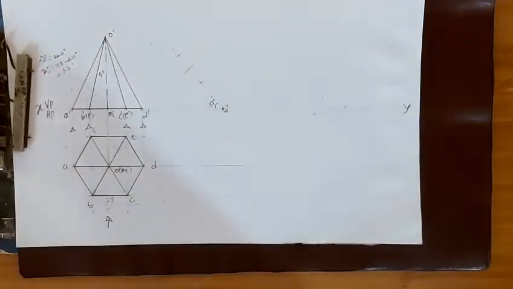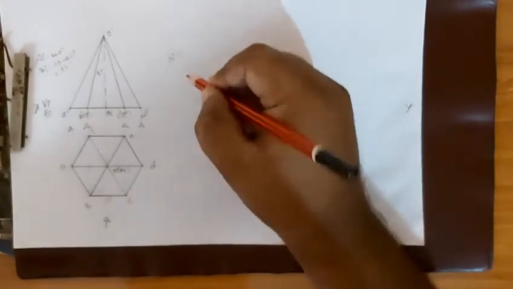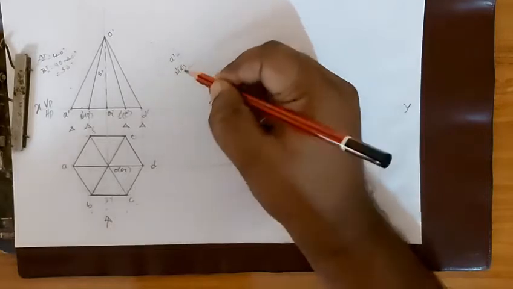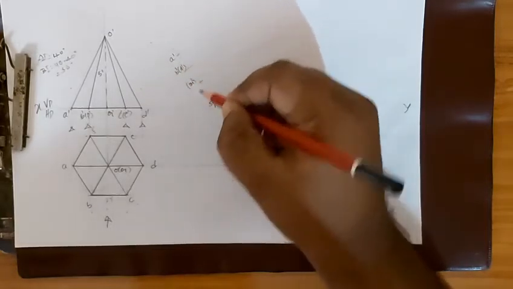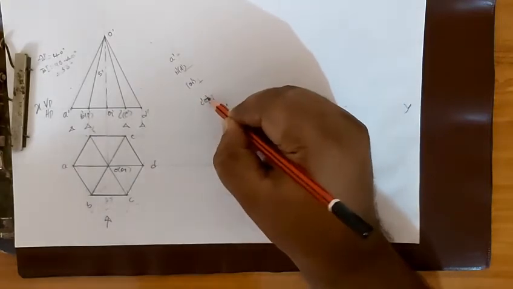Right, I got all the points. This point is called A dash, this point is B dash, F dash point, O1 dash, and then here we got the C dash, E dash point.